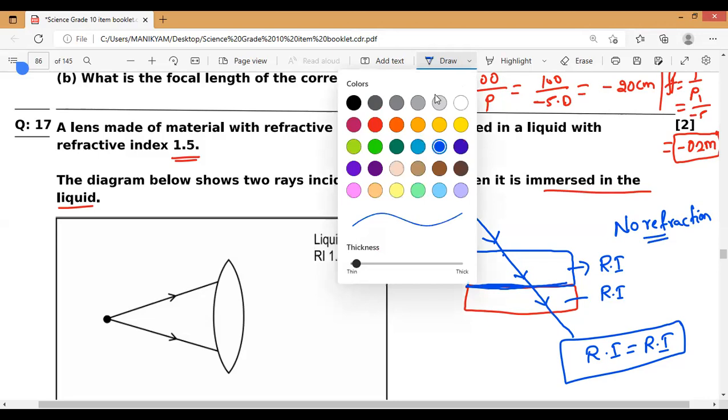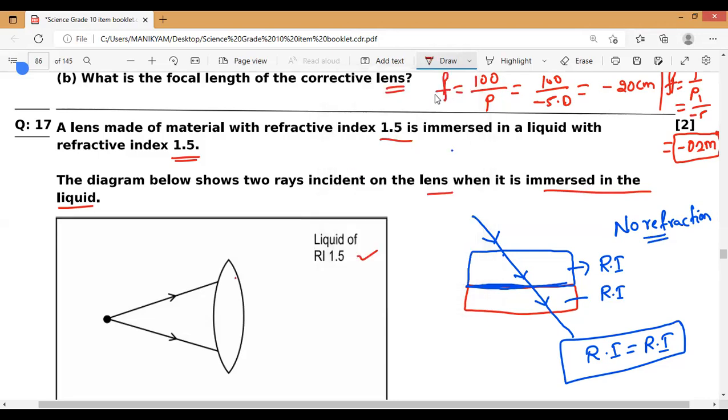So draw the same ray diagram, take your scale and draw. It is entering from the liquid into the substance. So what will happen? It will go in a straight line.